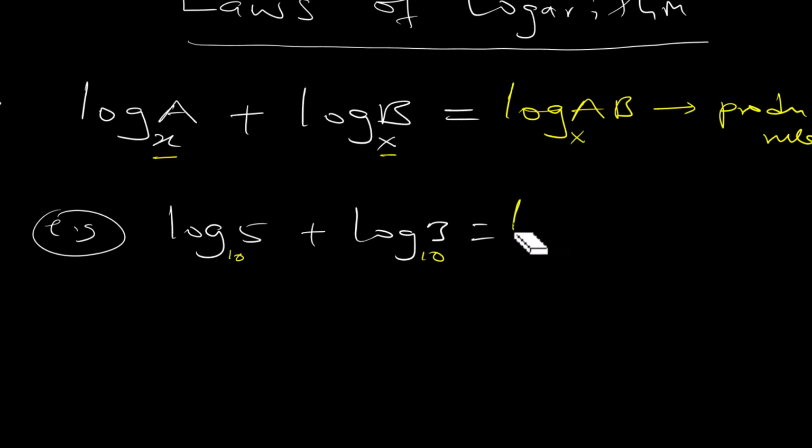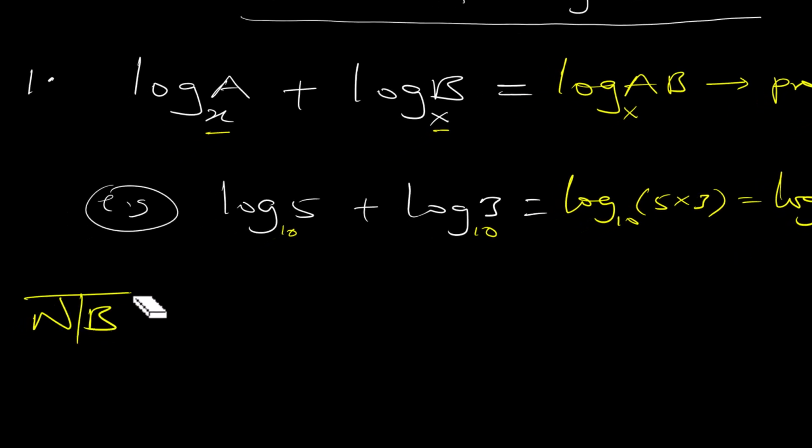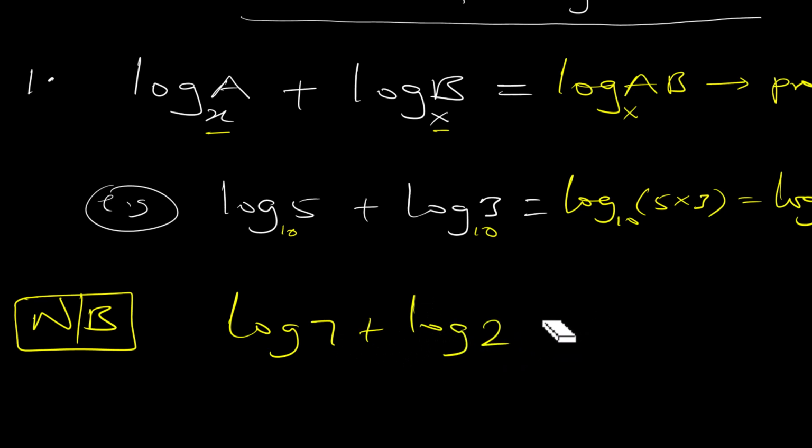This will be log of 5 times 3, which is 15, so log 15 to base 10. Note that log 7 plus log 2 is not equal to log 9. Don't think it's addition and therefore 7 plus 2 is 9. It's wrong to say that.